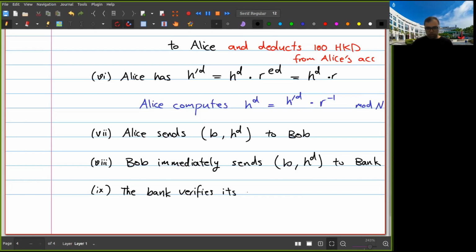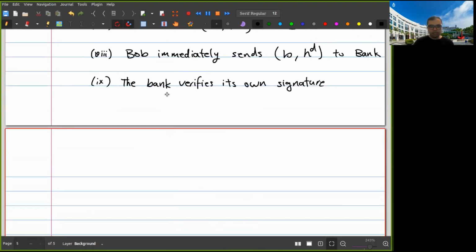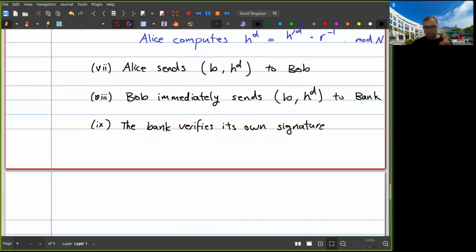Verifies its own signature. And now if the signature check passes, the bank has to do two things, right? It increases Bob's balance by 100 Hong Kong dollars.